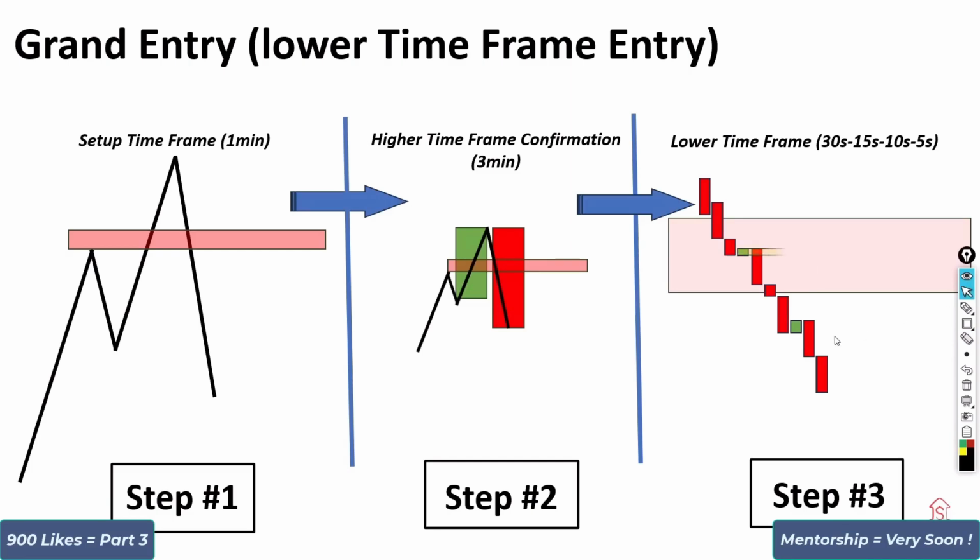So we're going to draw the supply and just wait for the price to come up. If you draw this, you can switch to the 1 minute time frame again, so you can see the candles' remaining time as well, or you can just wait. It doesn't matter what time frame you're waiting on, you just have to have this zone drawn and see it on the chart. Eventually the market will come up, okay? The candles will come up.